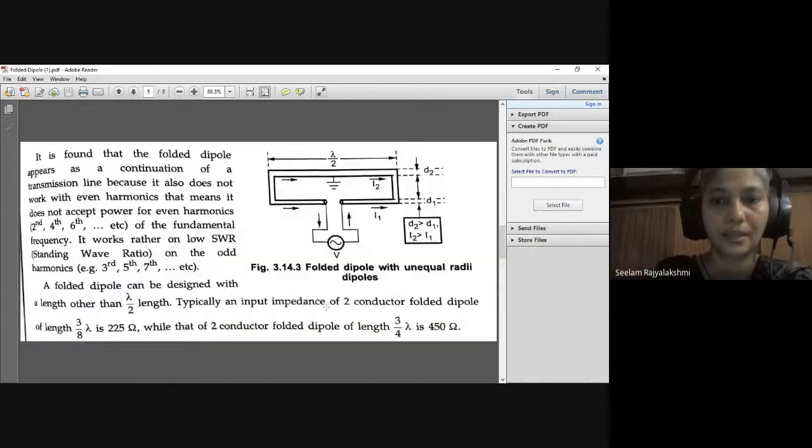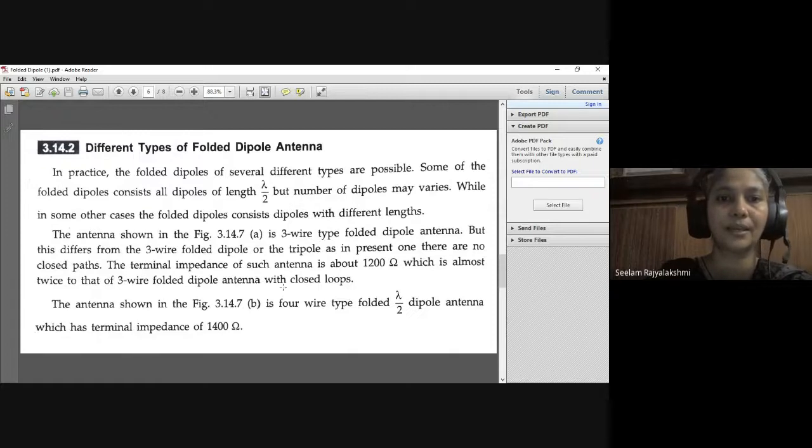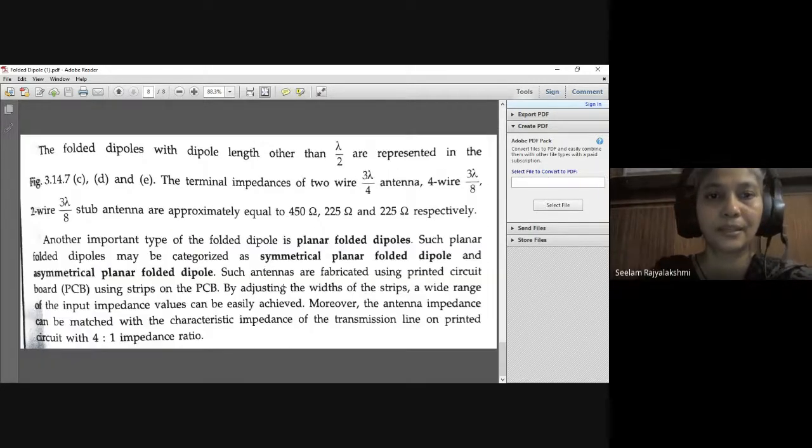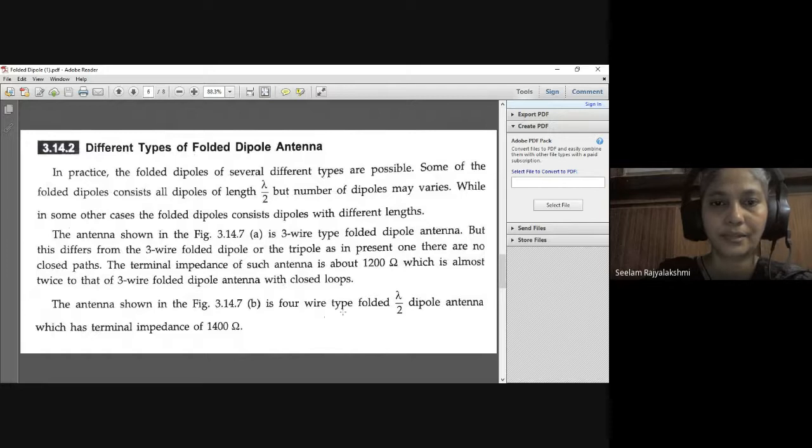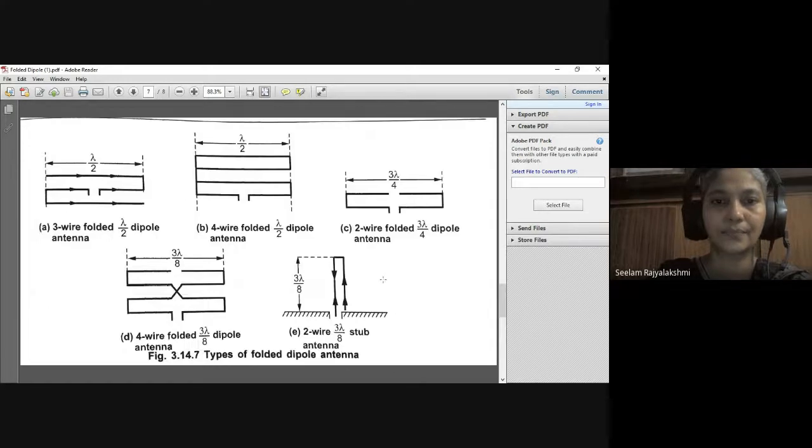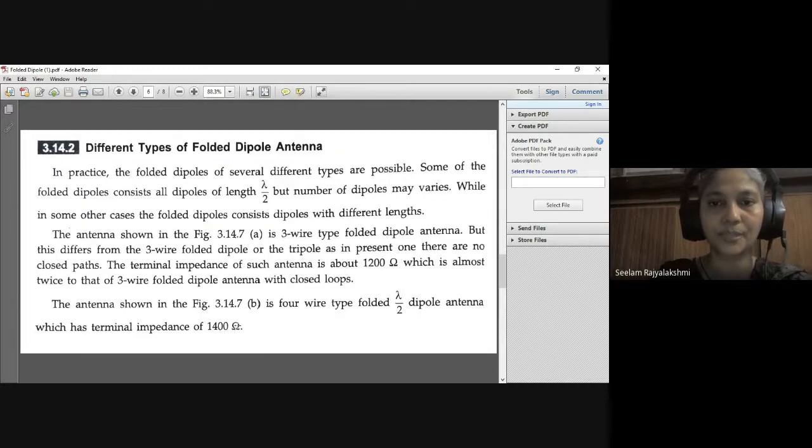And here for the two conductor folded dipole length 3 by 8 lambda it is 225 omega. So 3 by 4 lambda it is 450 omega, we have seen. And for the lambda by 2 dipole, here it is 400 omega. For this one, radiation resistance or impedance for this 4-wire folded lambda by 2 dipole, it is 1400 omega.